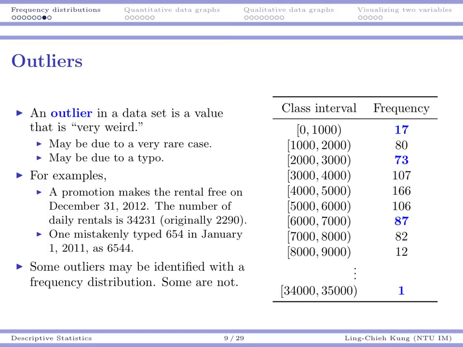For example, here, 654 becomes 6544. This is a very huge mistake, but you won't see a very obvious difference in your frequency distribution. That means you cannot just rely on your frequency distribution to hope that all the outliers will be identified.